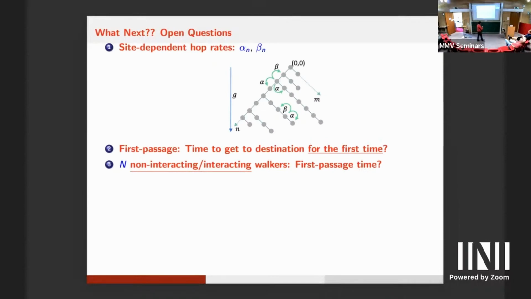Okay, let me come to this one. This is another source of disorder that one can bring in. In the model that I talked about, the particle is hopping with a rate that's the same for every site. Of course, there are these branch lengths being different lengths and so on, but still the particle is hopping with a rate that's independent of site. So one can try to make these rates site dependent, since the space is heterogeneous.